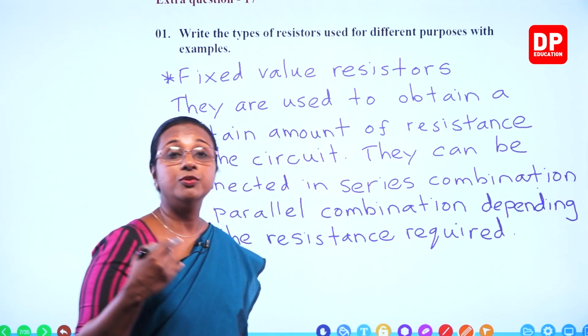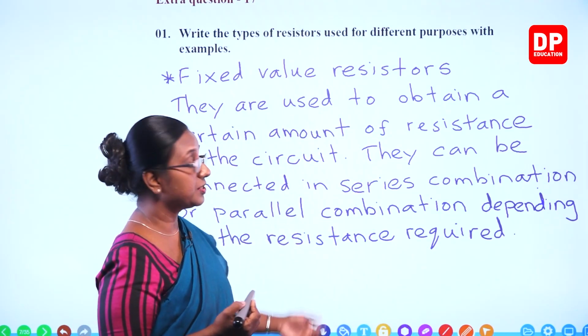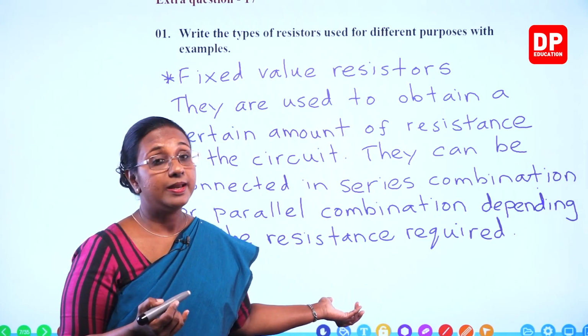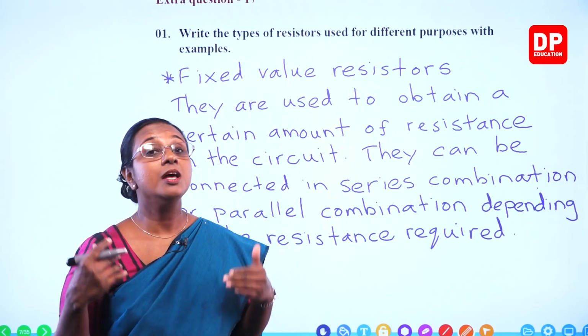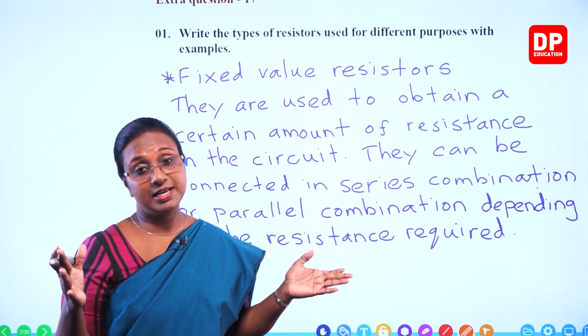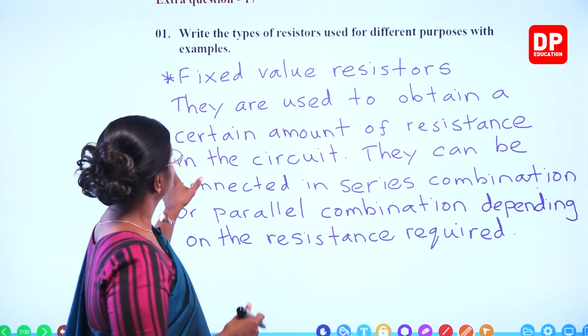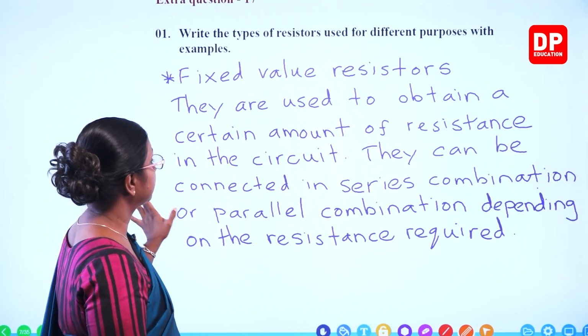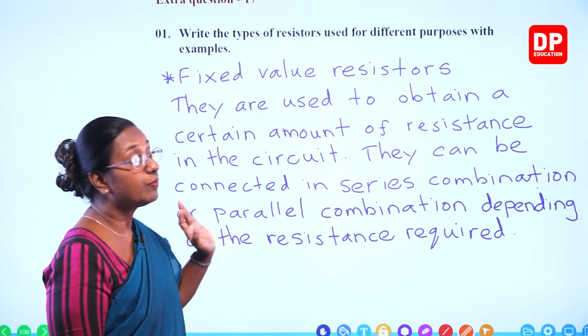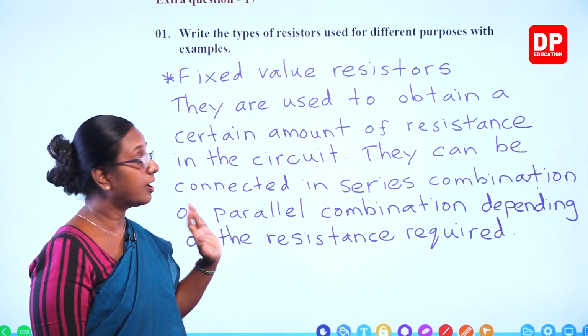So you don't have to go into detail about what happens to the equivalent resistance when we connect them in a series combination and parallel combination, but you all have to have that idea, students. So fixed value resistors are used to obtain a certain amount of resistance in the circuit. So why? To control the current flow.